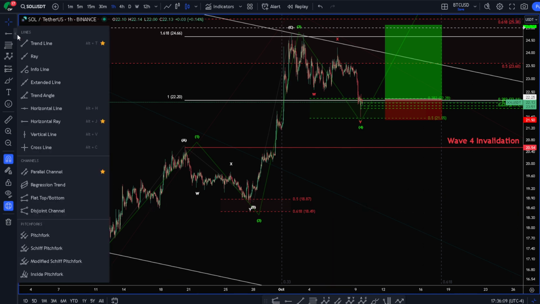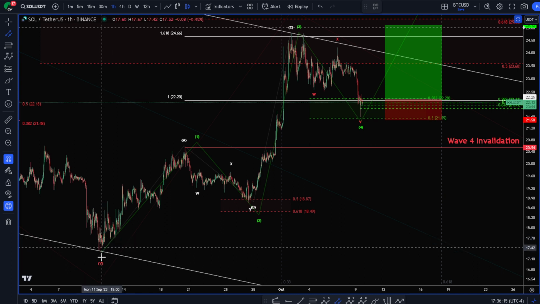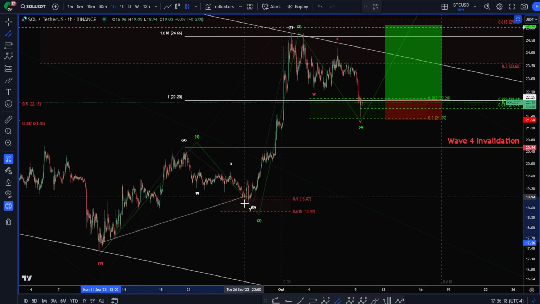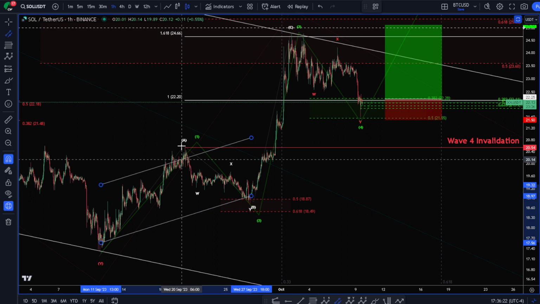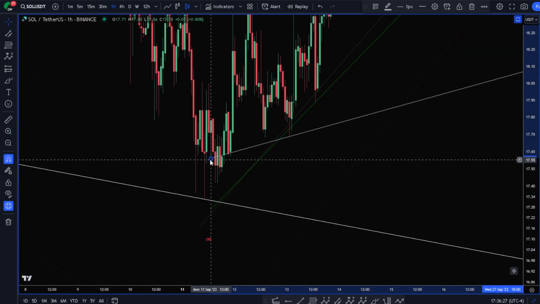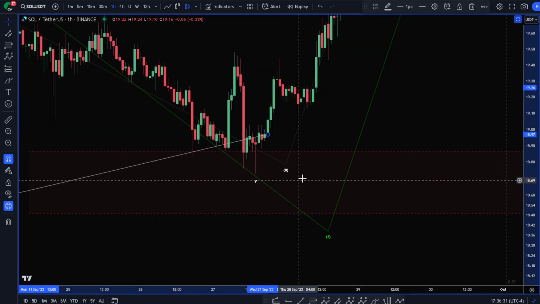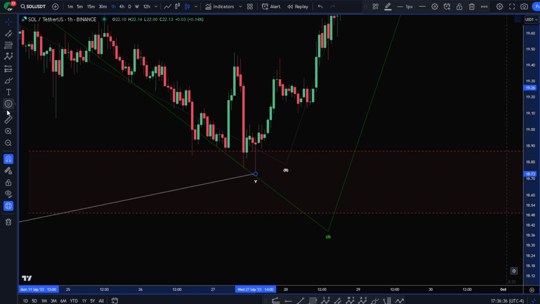We can run a channel here. You can see where we can potentially end up. Just putting this on, this is how I add to my potential exit areas.